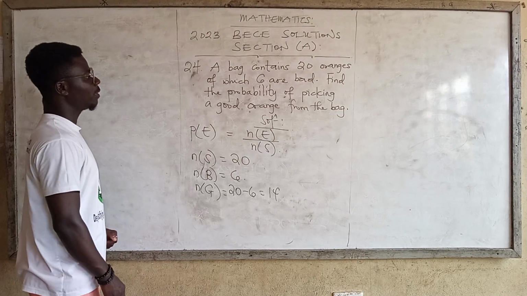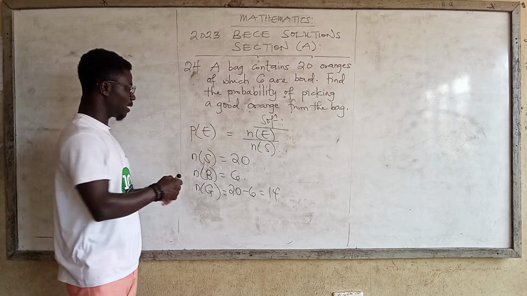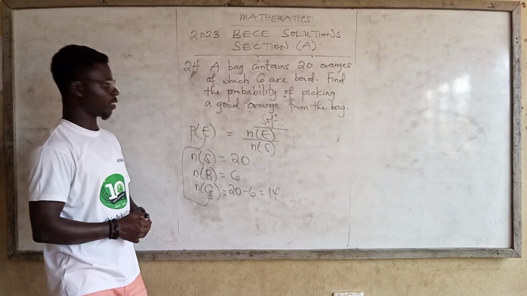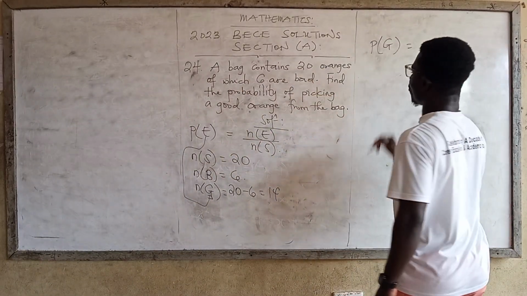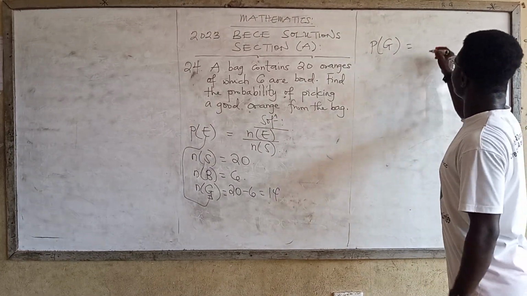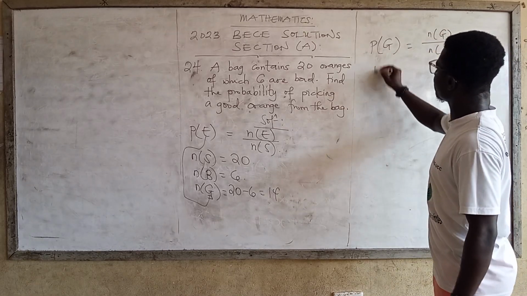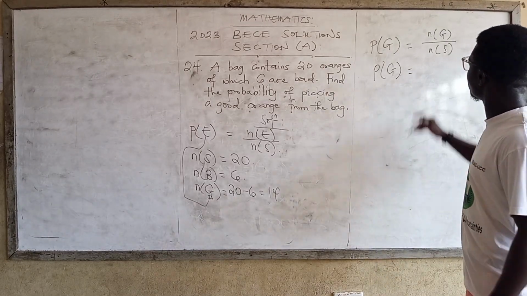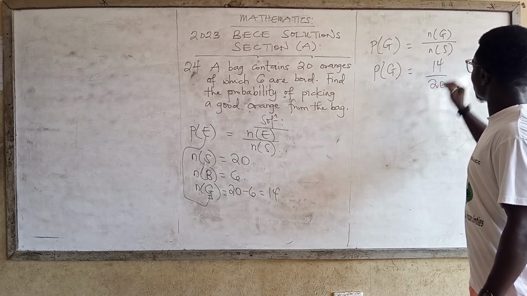So now find the probability. They say you should calculate the probability. So the event now is good oranges. Probability of picking a good orange is equal to the number of good oranges all over the number of sample space. We have 14 out of 20.